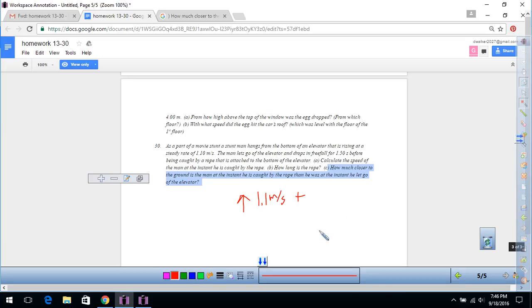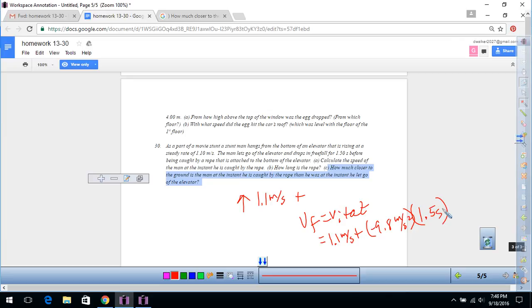So I said, well, VF equals VI plus AT. So if up is positive, that would be 1.1 plus down is negative 9.8 times 1.5 seconds.